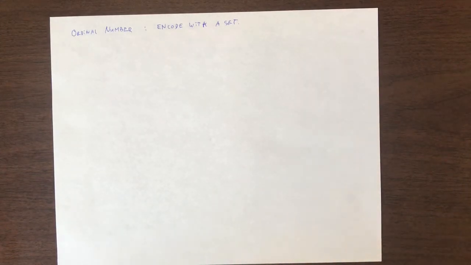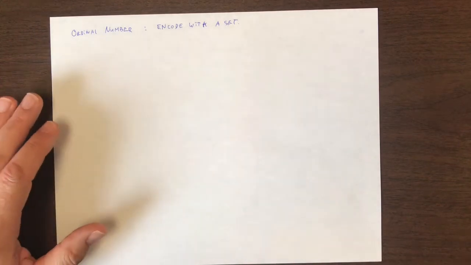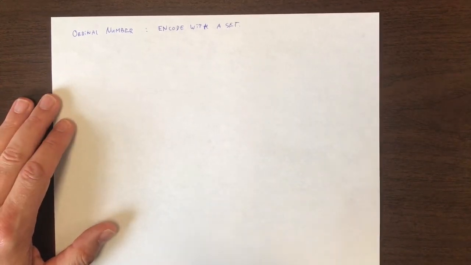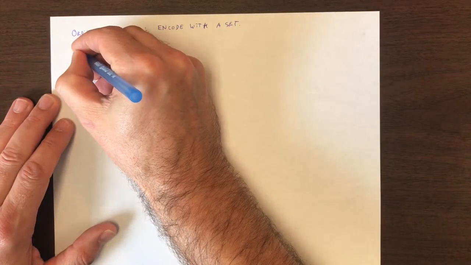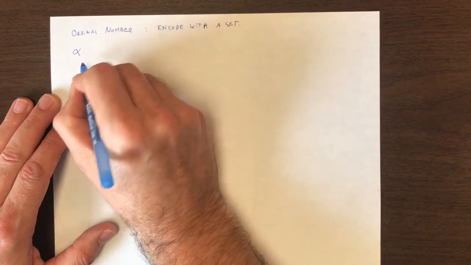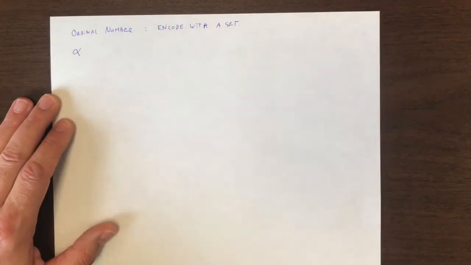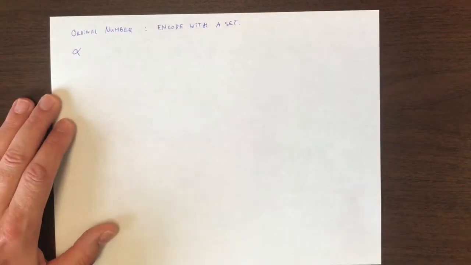Everything is encoded with a set. In other words, in pure set theory, everything is actually a set. If I want to pick some ordinal number, I'll just use Greek letters. Whenever you see me write a Greek letter, it means that's going to denote an ordinal number.